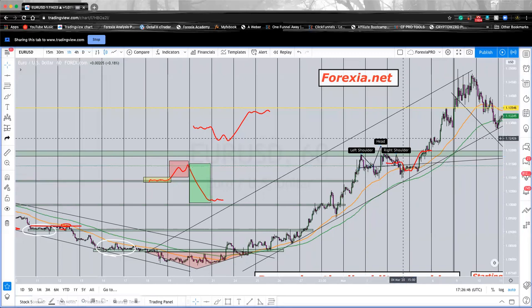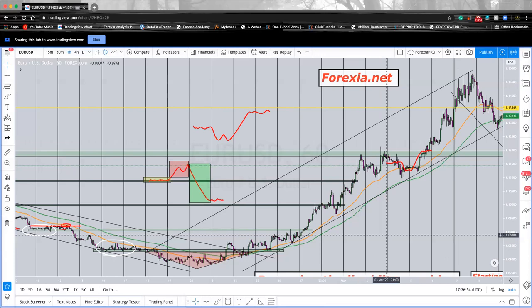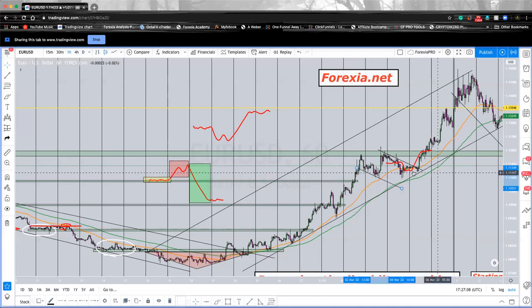Head and shoulder, respecting that resistance, and I promise you, you will find the small lower low being formed all the way to the consolidation, trapping you to the sell, inducing you to sell this pair just for them to come back and hit your stop loss.